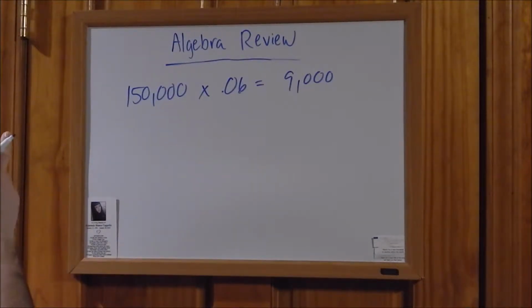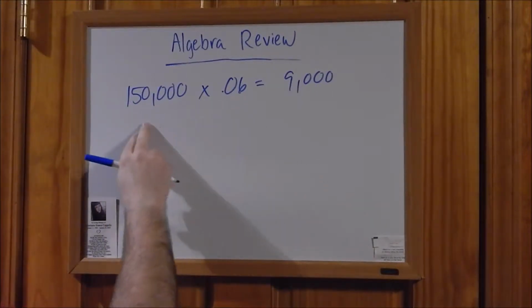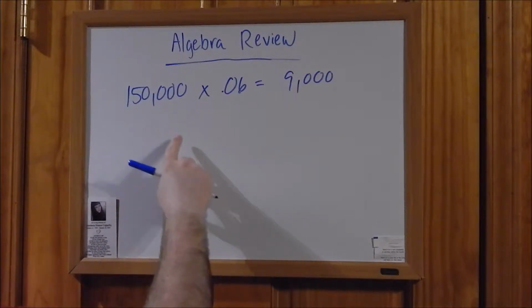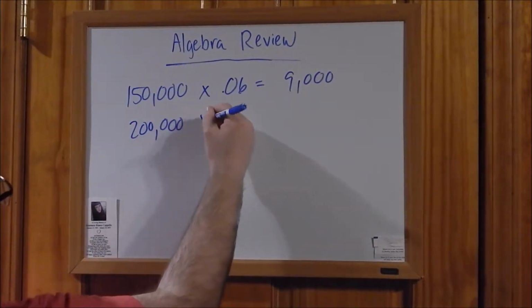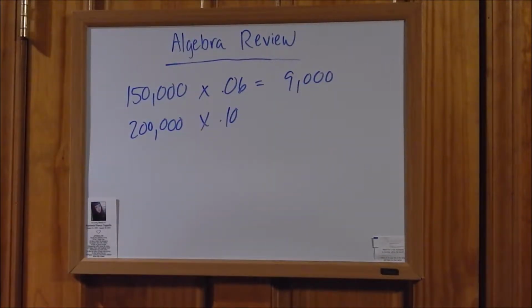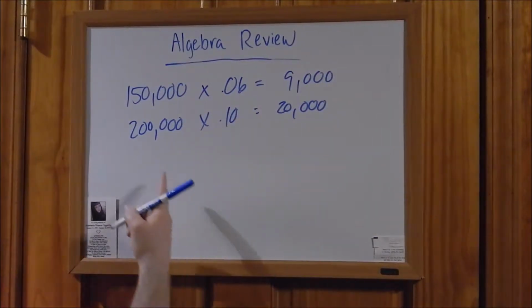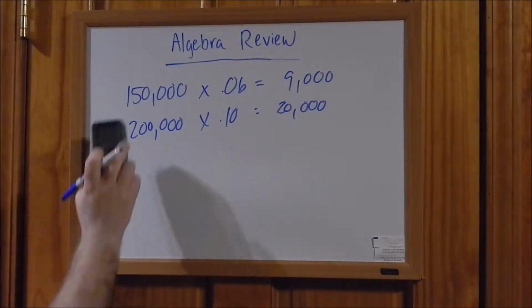So, when we look at a problem and we see that we need a percentage of the whole, we multiply by the decimal. If we have 200,000 and we make 10% commission, which would be ridiculous, but that would be awesome, we would know that we make $20,000, right? Because we multiply by the decimal, right?